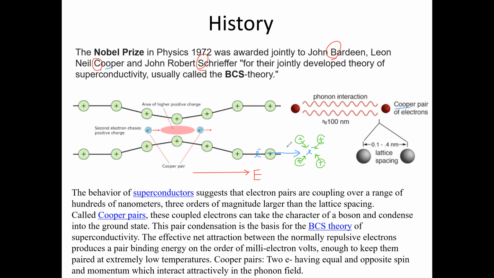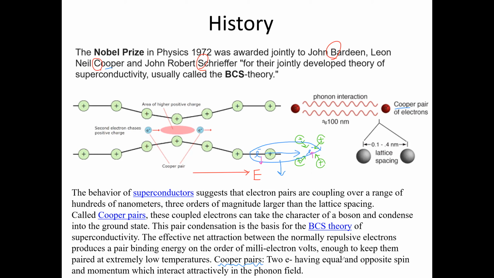So we call this electron and this electron Cooper pairs: two electrons having equal and opposite spin. So one, let's say, is spin up, and another one will be spin down.